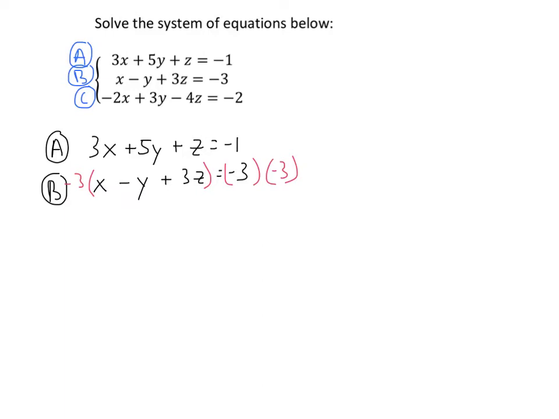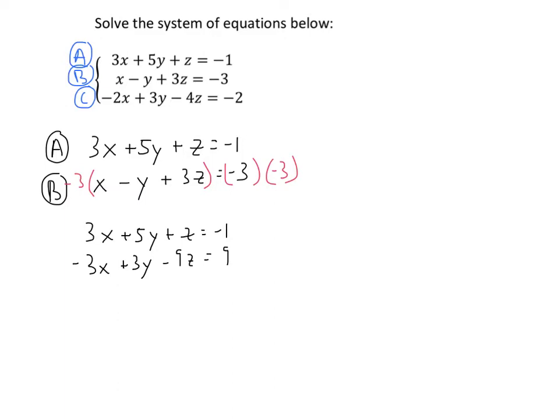Equation A is going to be the same, 3x plus 5y plus z equals -1. Equation B becomes -3x plus 3y minus 9z equals +9.